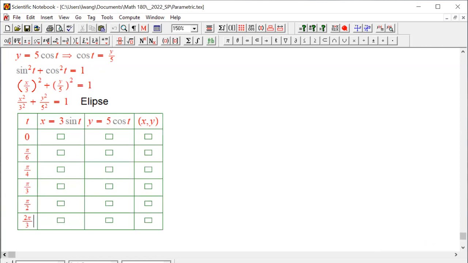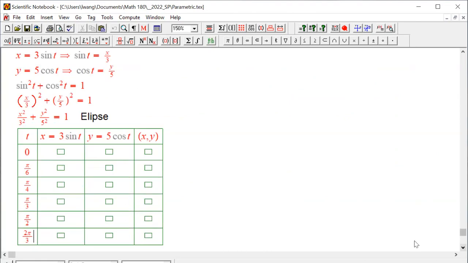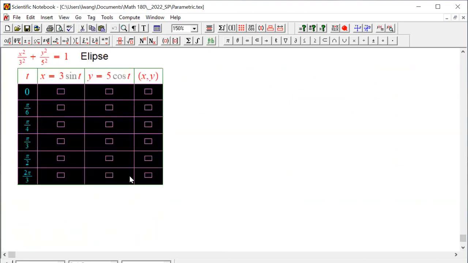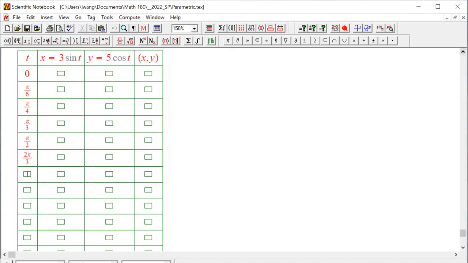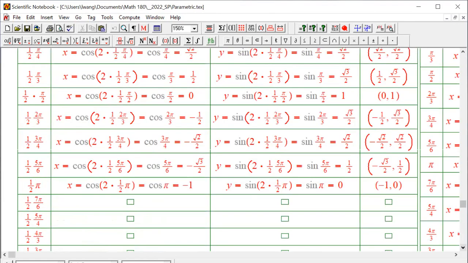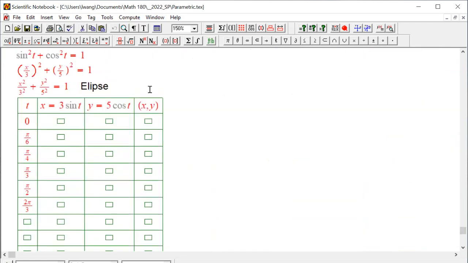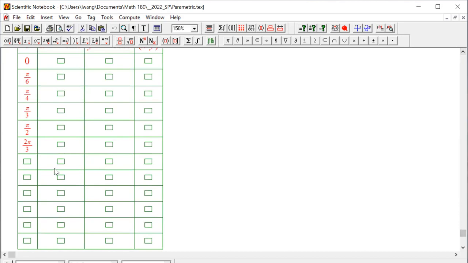There. And we would continue, right? Let's see, how many rows do we need? So we're going to add some more rows, right? So from 2 pi over 3, we're going to continue 1, 2, 3, 4, 5, 6, another 6, 1, 2, 3, 4, 5, 6.